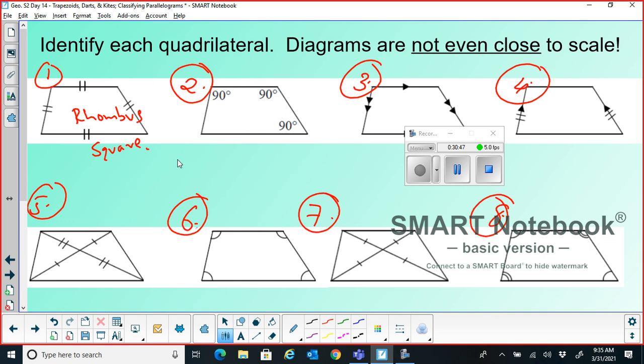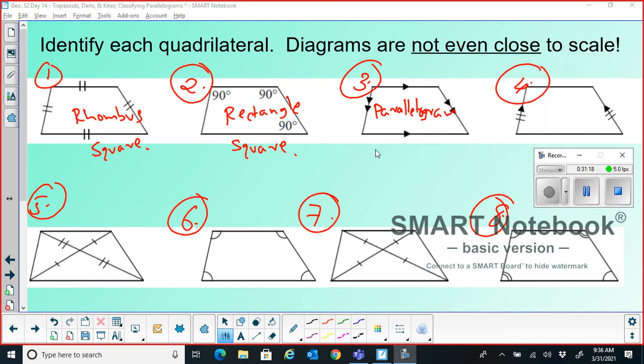Same way here, equiangular, the best answer will be rectangle, but it's possible in the case of the square as well. The third one, the more accurate answer will be parallelogram, but others also will satisfy this, like square and even rectangle.